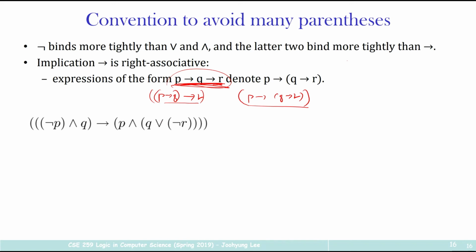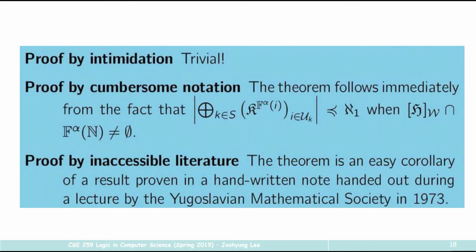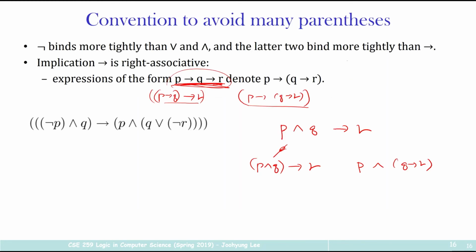This is called right associativity. And if you see this other string, again it is confusing whether I mean P and Q implies R, or P and Q implies R with different grouping.